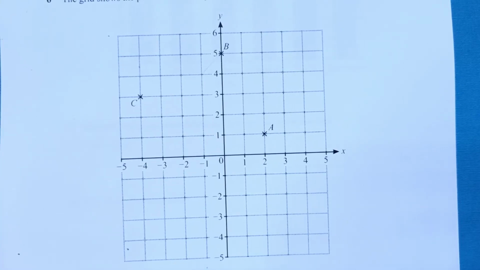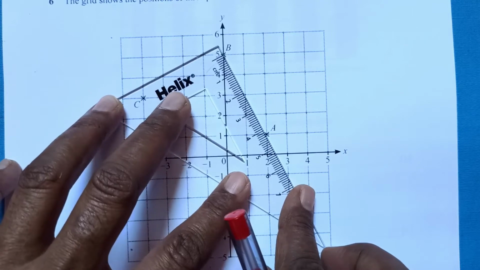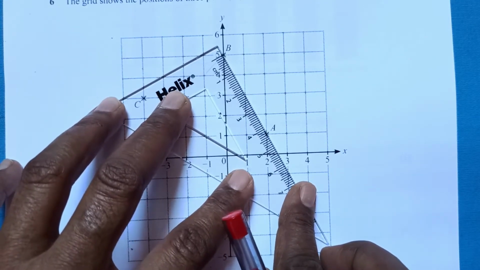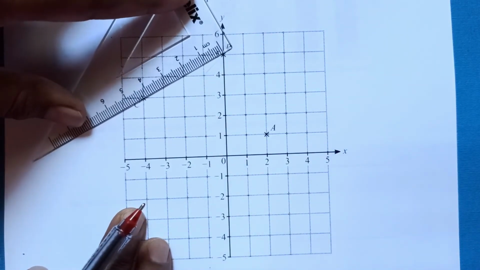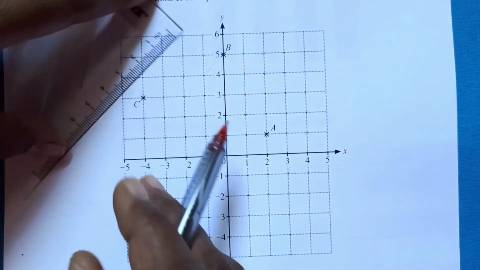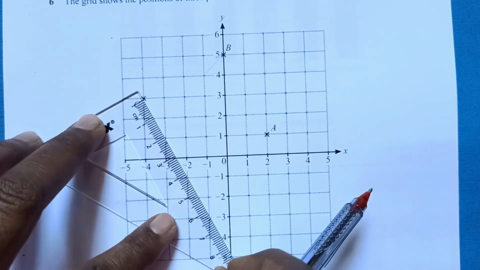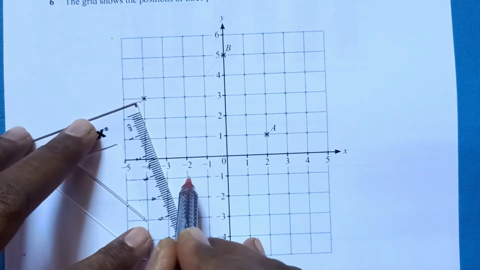From here, if you measure AB from A to B, you can see this is approximately 4.2. It's coming to this point. Here also, this side is 4.2 up to here. So we are going to find the square where we can see around 4. It is here.